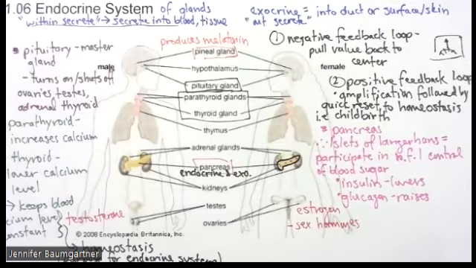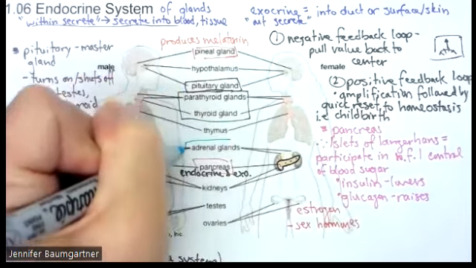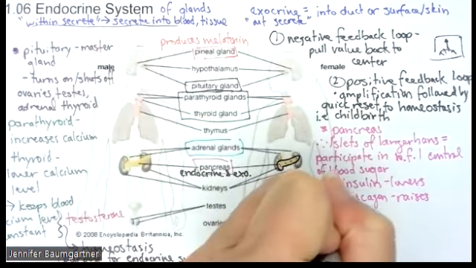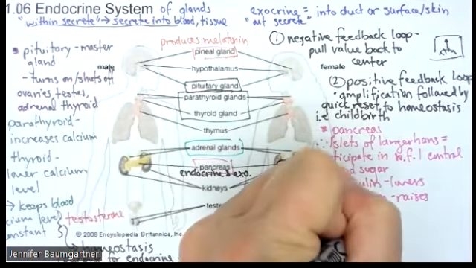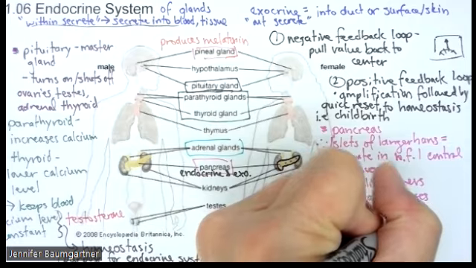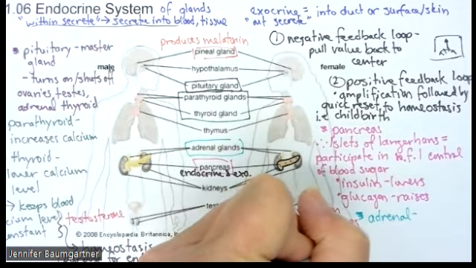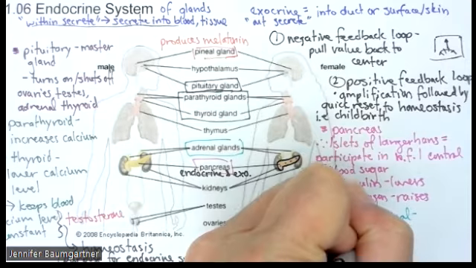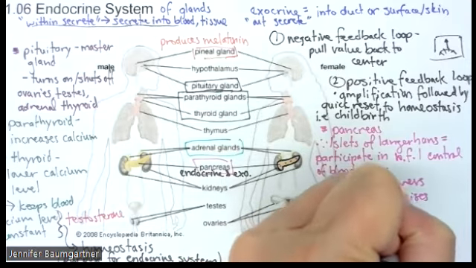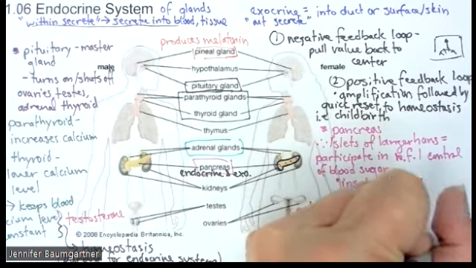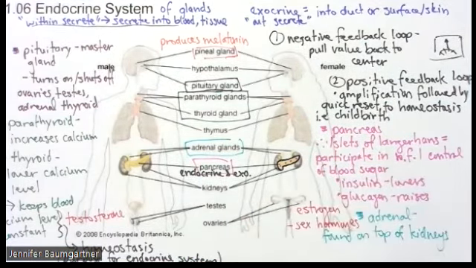All right, we talked about the testes and the ovaries. That just leaves us with the adrenals. So these adrenals, those sit on top of the kidneys. So they're found on top of the kidneys. That's where they're located.